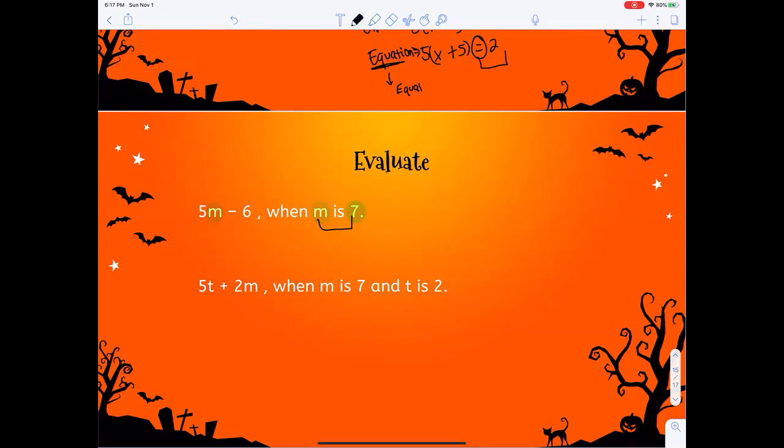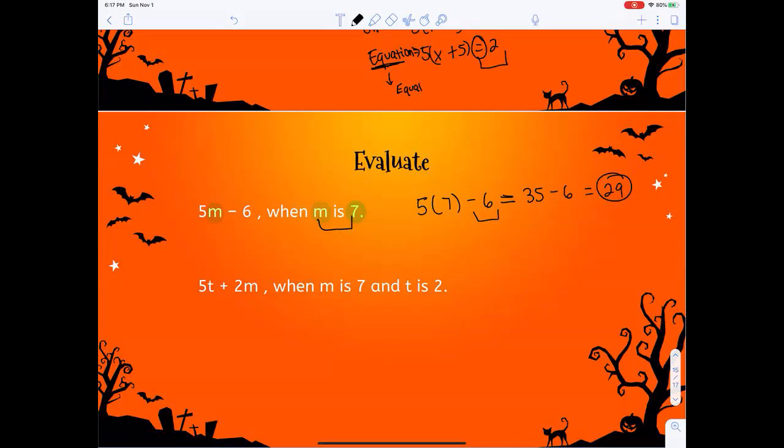So if I have 5m, and we said m is 7, we'll put a 7 right there. So 5 times 7 is 35. And then we have a minus 6. 35 minus 6 is 29. So when we're evaluating, we get an answer too.